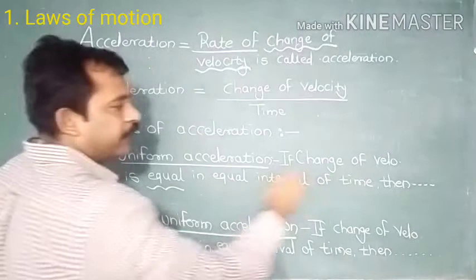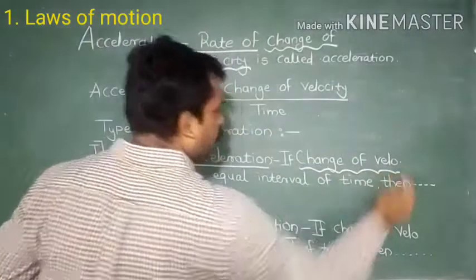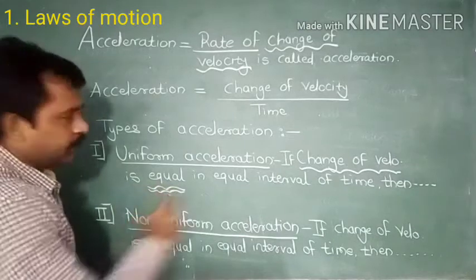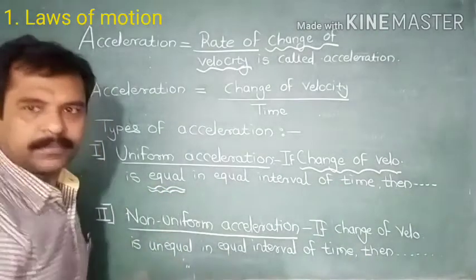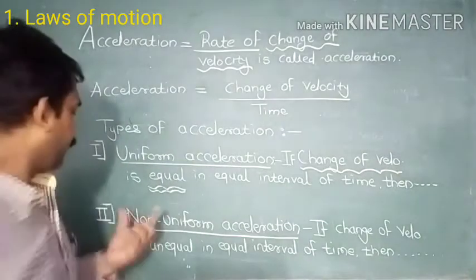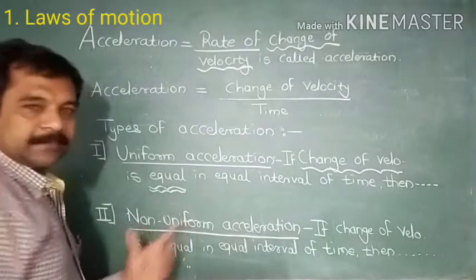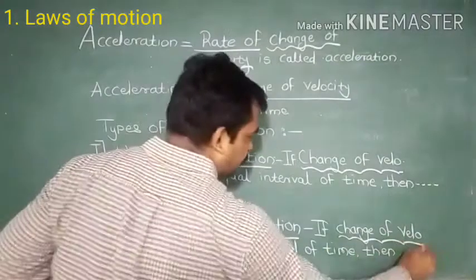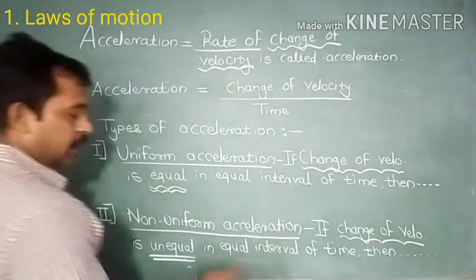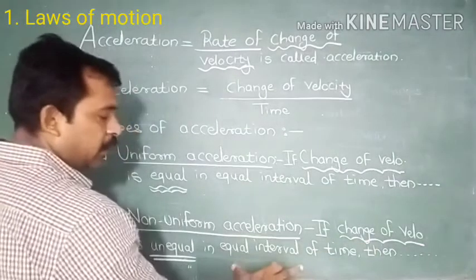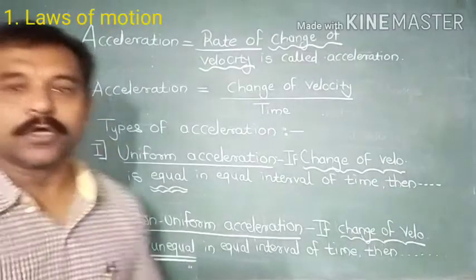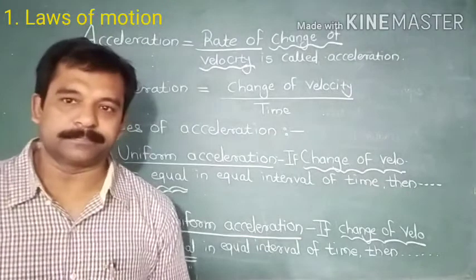If change of velocity is equal in equal intervals of time, then that acceleration is called uniform acceleration. Whereas in non-uniform acceleration, if the change of velocity is unequal in equal intervals of time, the interval of time remains the same, then that acceleration is called non-uniform acceleration.